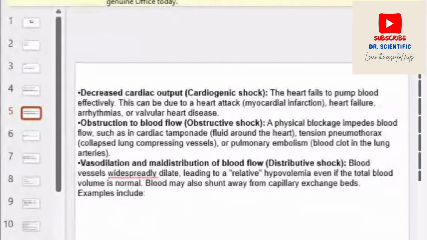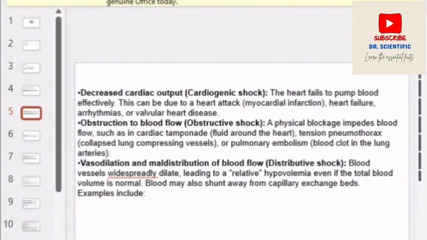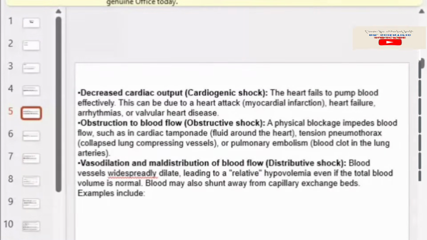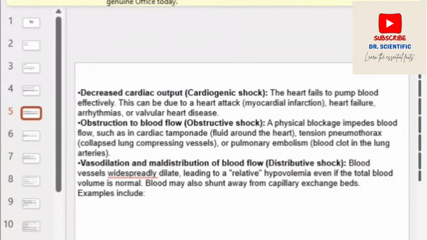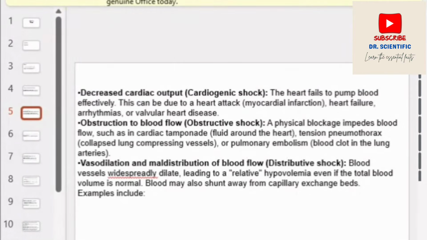Secondly, cellular hypoxia and metabolic shifts. This is the second step, whereby the organs are receiving blood even though the blood flow is inadequate. The breakdown of lactic acid requires sufficient oxygen.